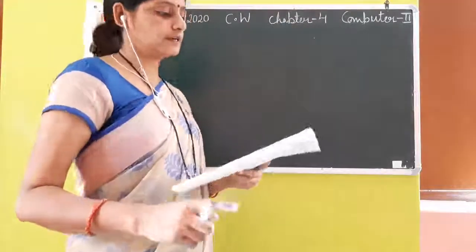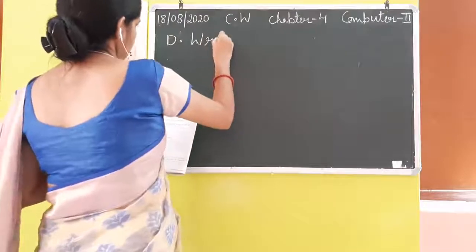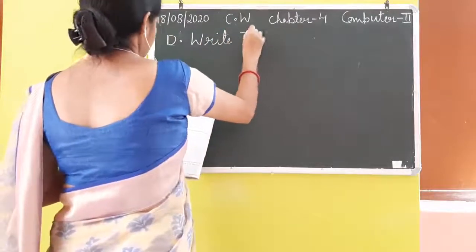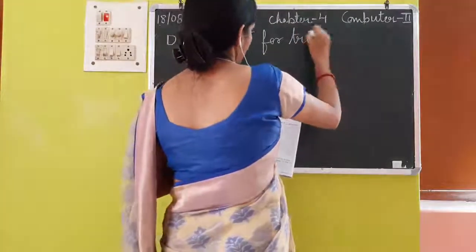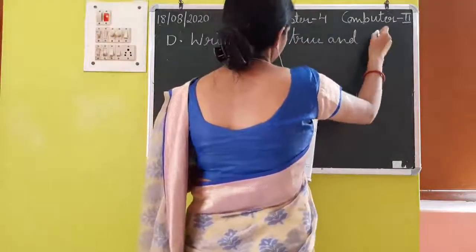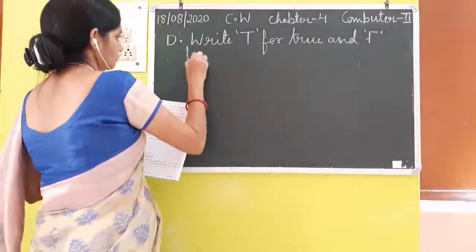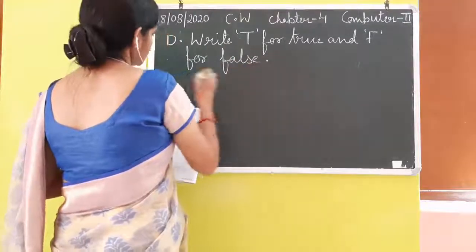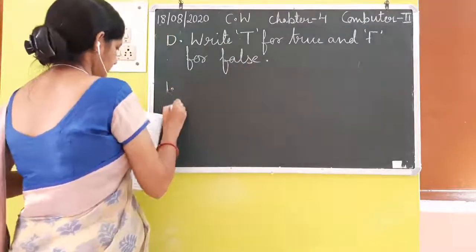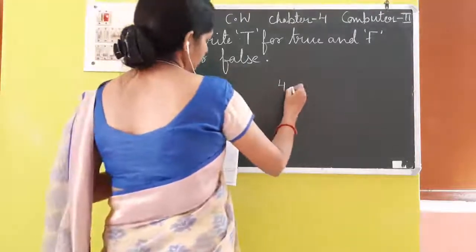Write T for true and F for false. So children, 1, 2, 3, 4 and 5.